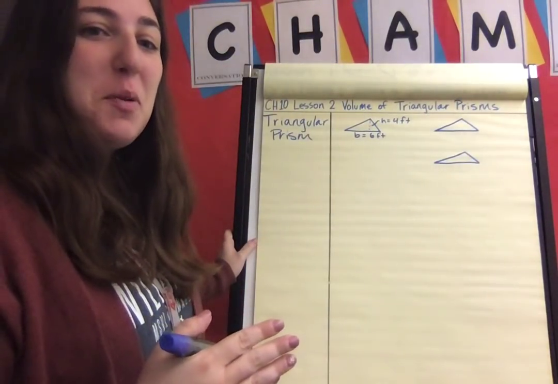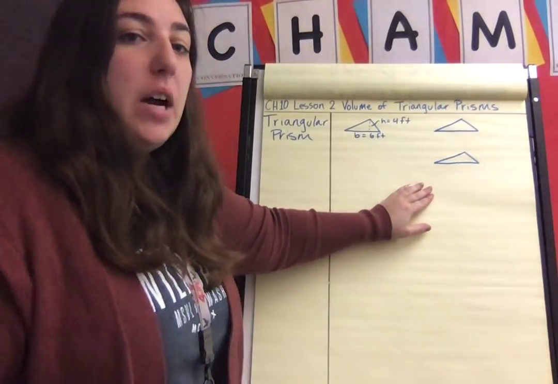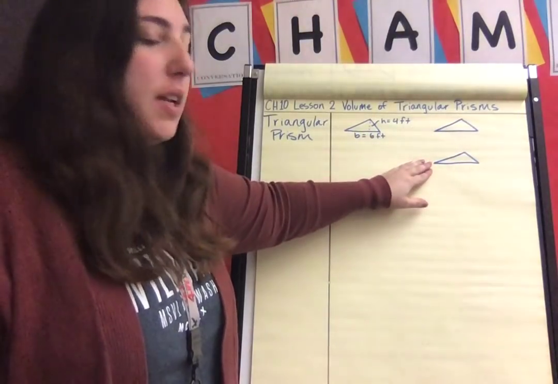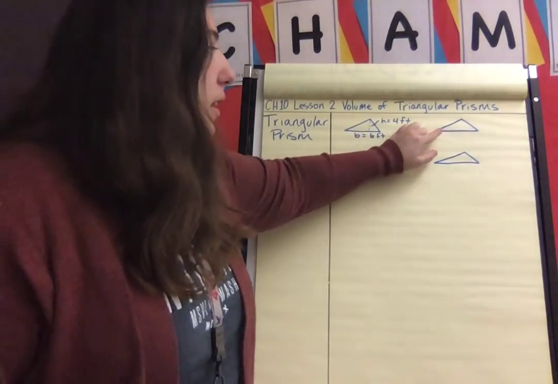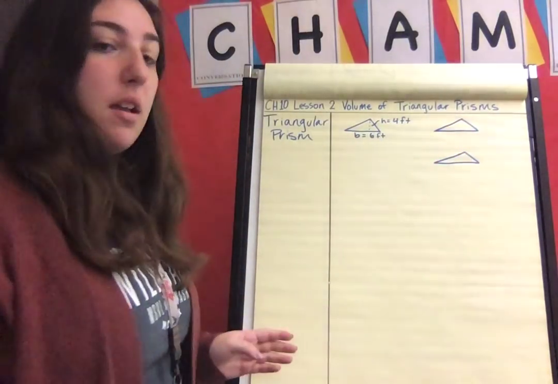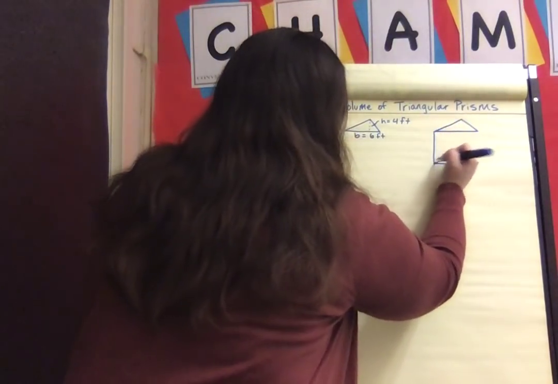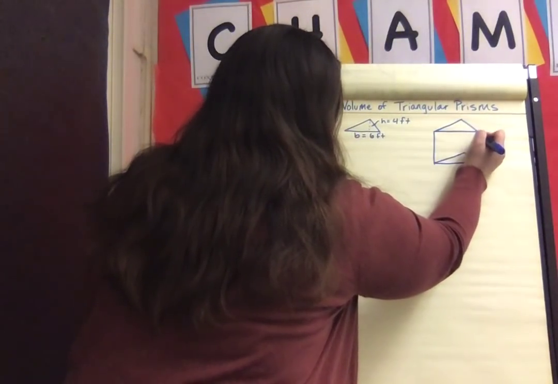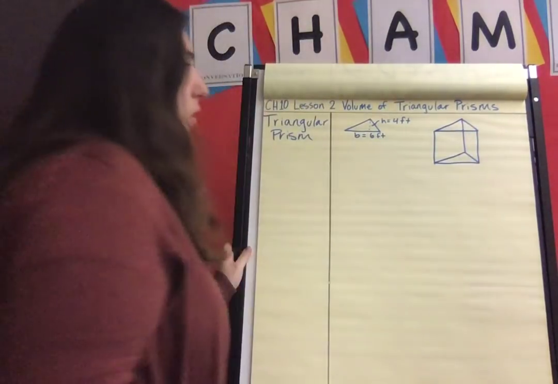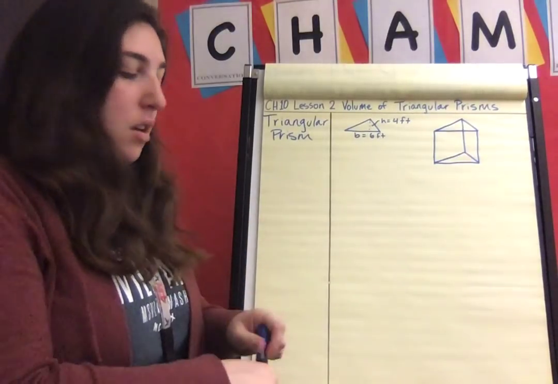I've talked to some of you about this. Just do the best you can to try to sketch these out. Okay, so here's my base. I drew 2 of these over here, and now I'm going to start connecting all of the vertices so that I can make my triangular prism. Okay. So there's my triangular prism.